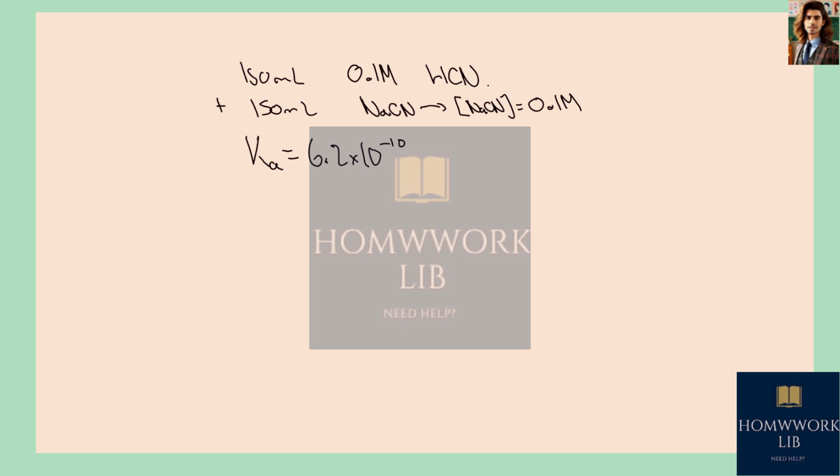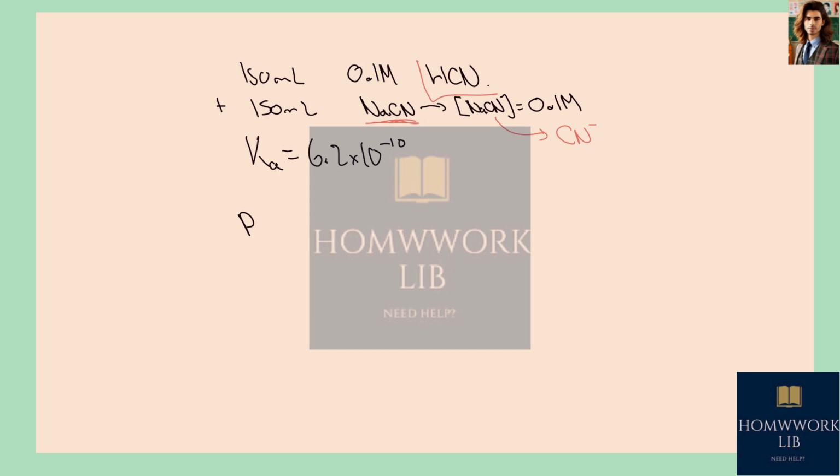So now, we have two different scenarios. First of all, let's assume that the concentrations are indeed equal and that the problem is complete as is. We have, as you can see, an acid and its conjugate base present in solution, because sodium cyanide is going to produce CN minus ions in a quantitative way, because this is a salt.